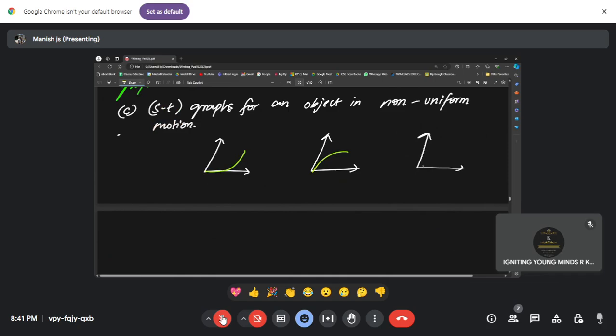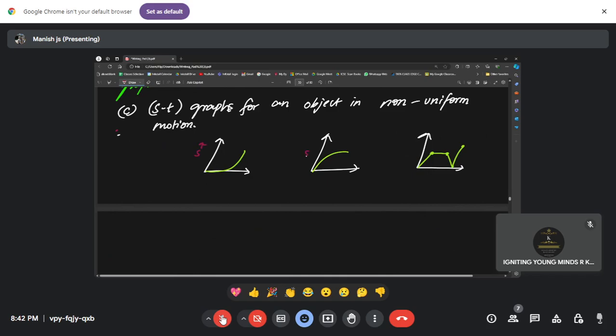Third one, the graph can increase immediately and then remain constant for some time. Then it can decrease, then it can increase higher like this. So this is also for non-uniform motion. These are the three different types of graphs that represent non-uniform motion. That is the displacement time graph for non-uniform motions.